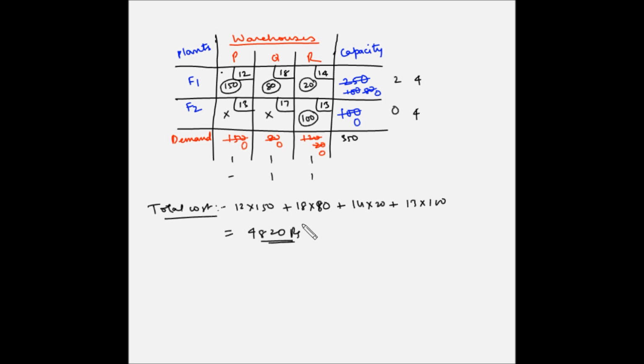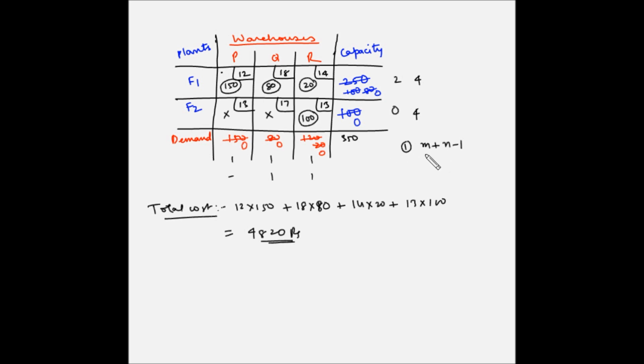Now before we can perform an optimality test, we have to find out if this solution is acceptable to perform an optimality test. Now the first condition for optimality test is that the number of allocations should be equal to m plus n minus 1, where m is the number of rows and n is the number of columns.